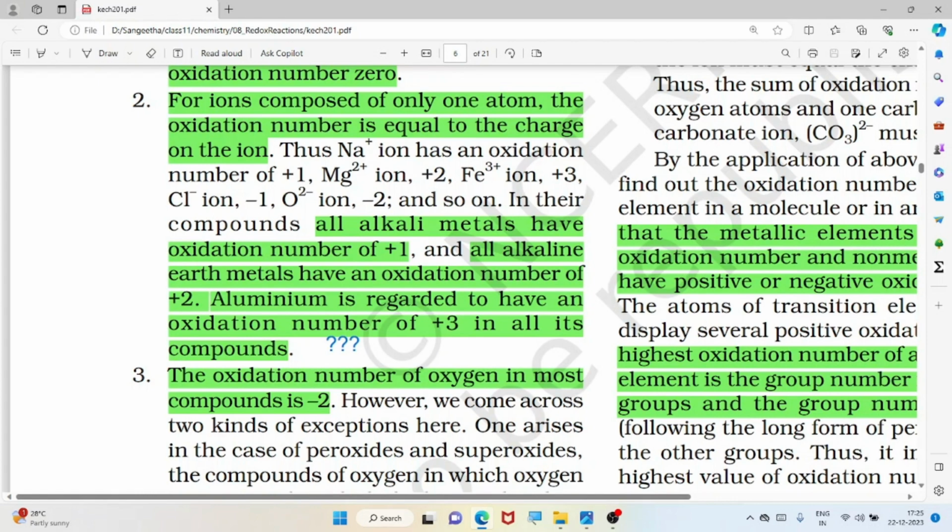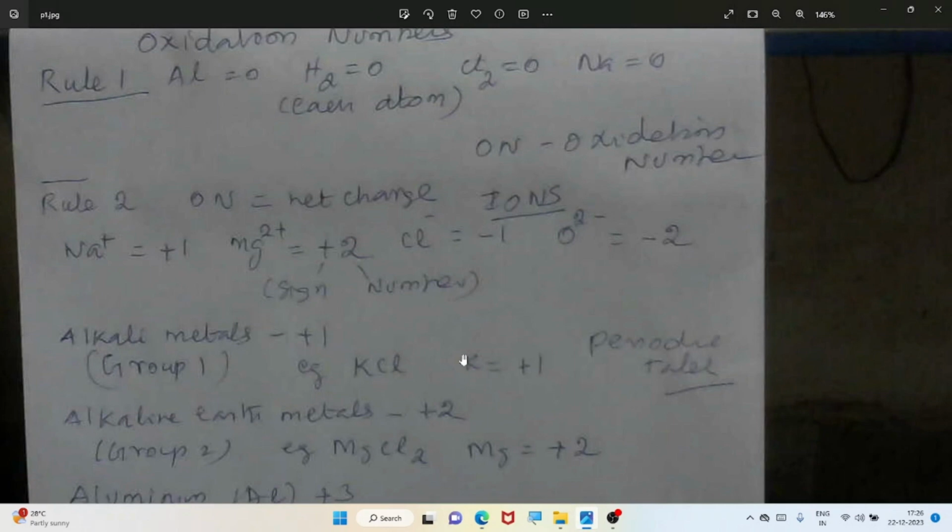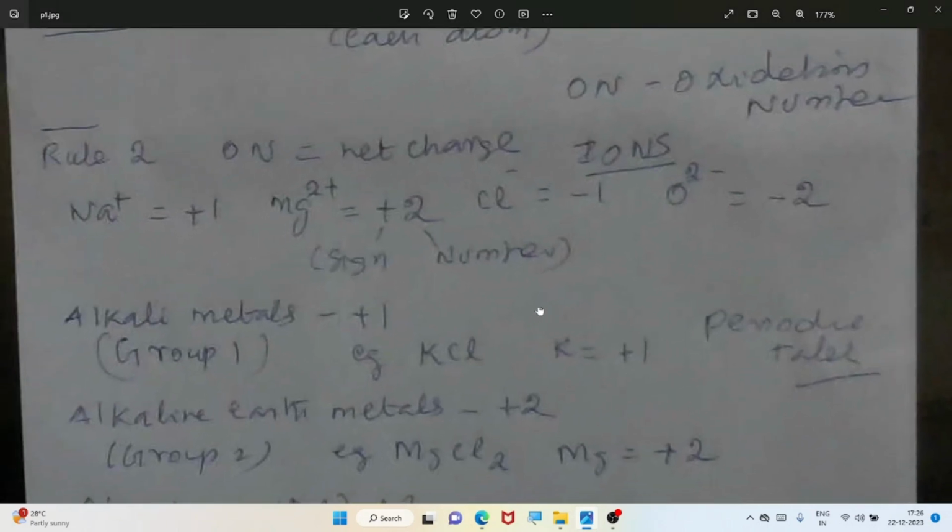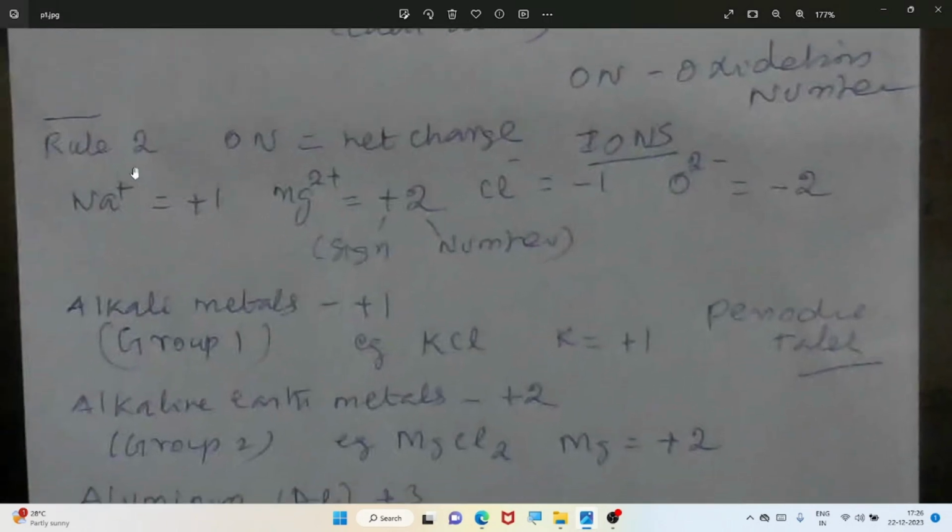Alkali metals have the oxidation number of +1. All alkaline earth metals have the oxidation number of +2. Aluminum is regarded to have the oxidation number of +3. So the oxidation number of Na+ is +1, Mg2+ is +2, Cl- is -1, O2- is -2.